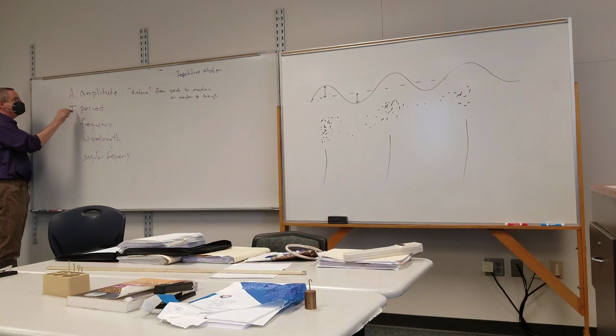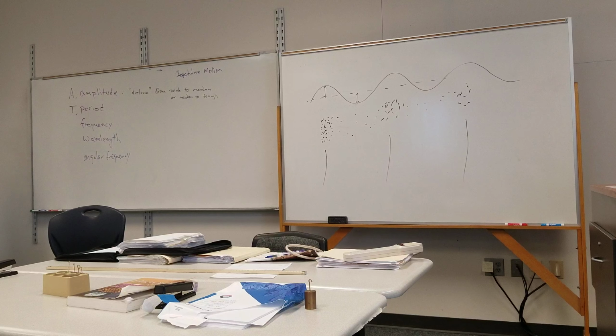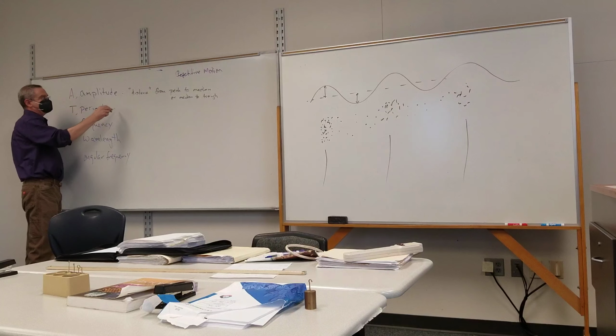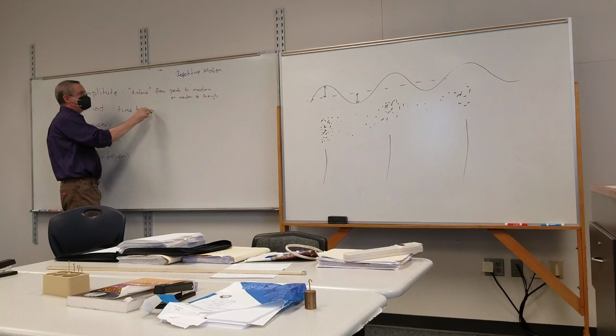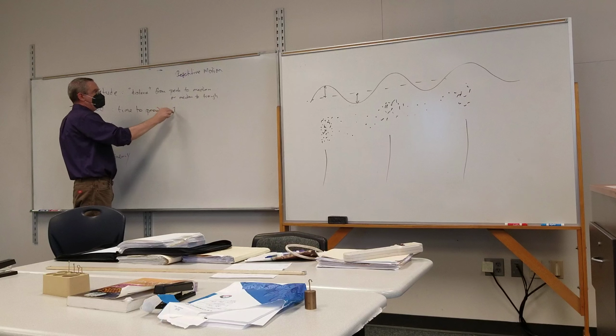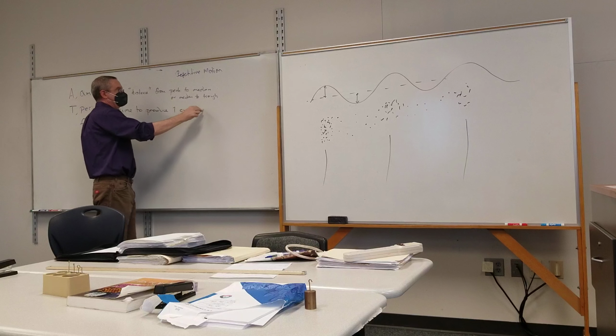Period, symbol for period, is a capital T. For those who have used capital T for tension, now's the time to change that. This is the time to produce one cycle of repetitive motion.